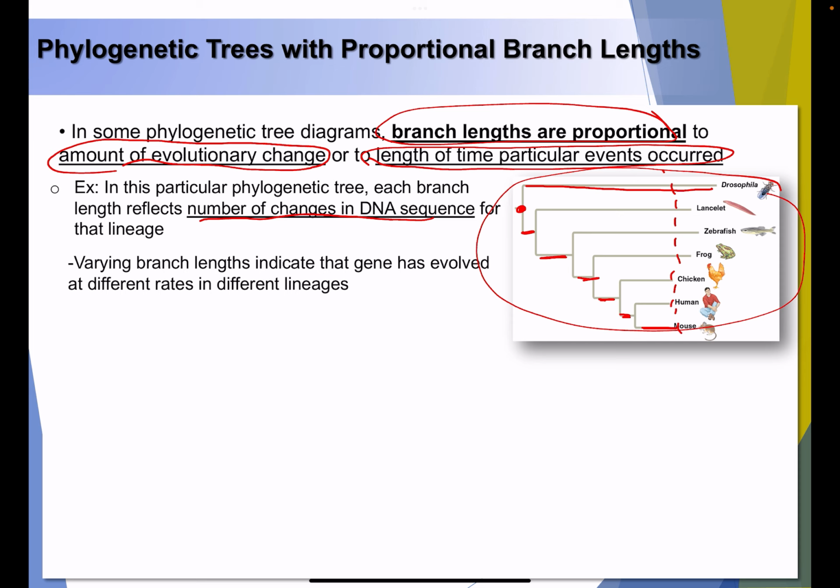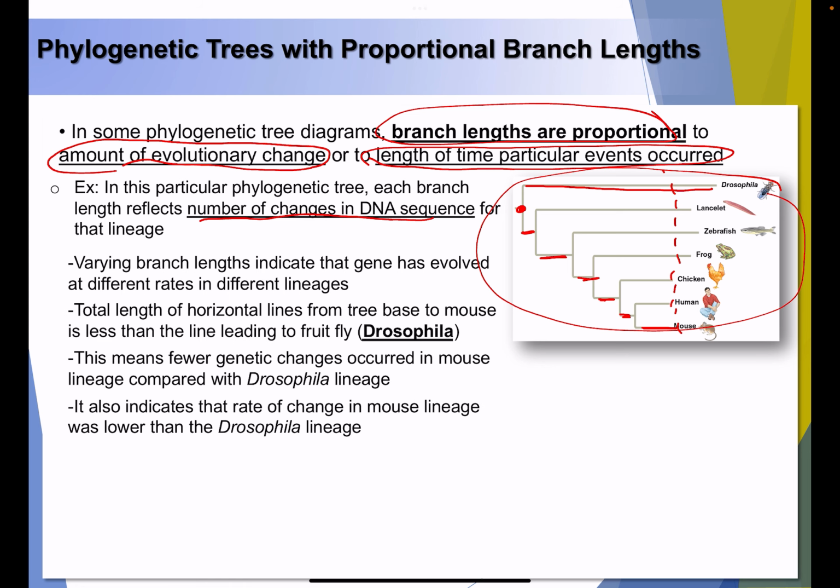So the varying branch lengths indicate that the gene has evolved at different rates in different lineages. If we look at the phylogenetic tree again, like I said earlier, the total length of horizontal lines we see from the tree base to the mouse, all of these added together, is still less than the line leading to the Drosophila lineage, or fruit fly as the common name.